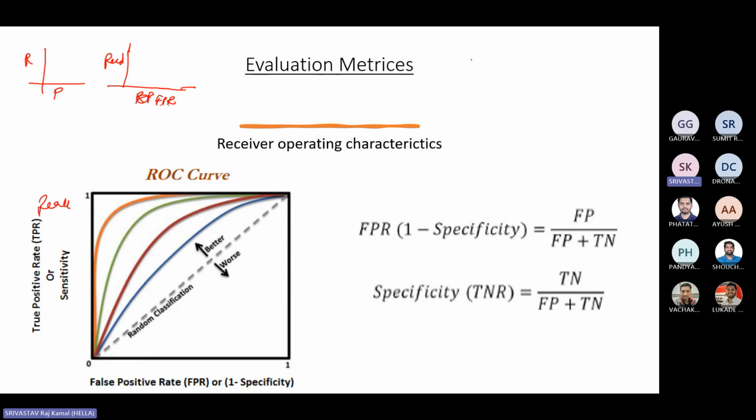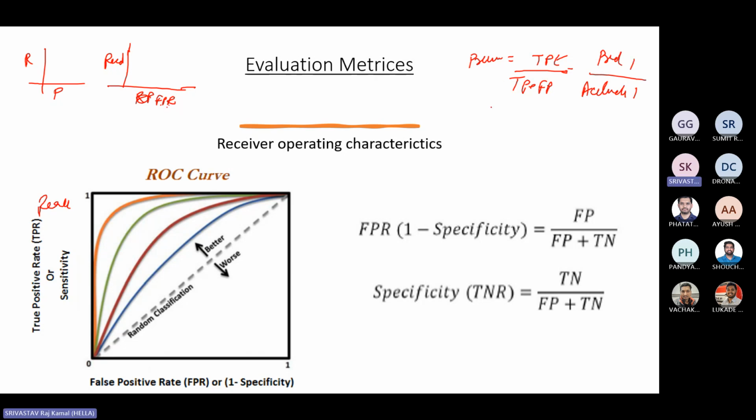Just try to look at the formula. The precision formula was this one. In layman's terms, how many times we predicted y hat as 1 among actual ones, among predicted ones. So how precise we are.